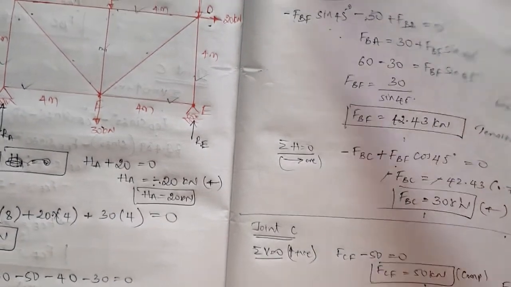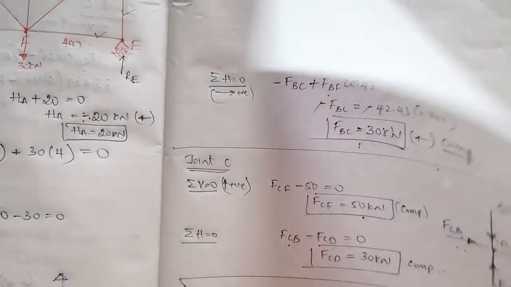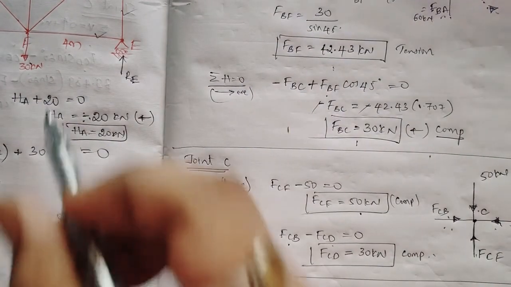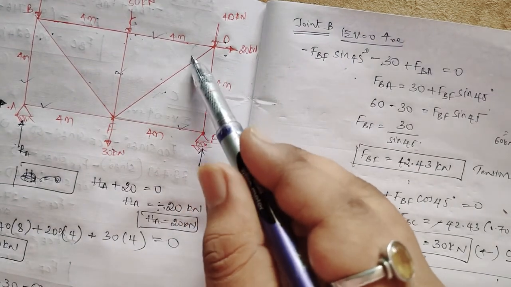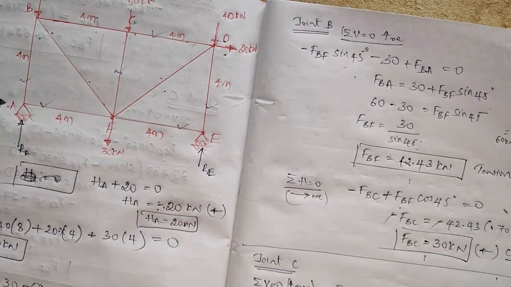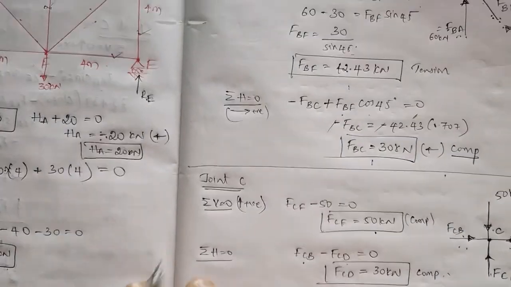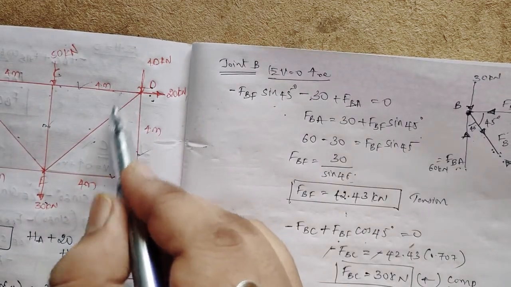Okay, suppose another joint I have to take, that is joint D. I'll take that joint D also, because I have to find one inclined force. If we take D, we will get all these forces in the members.